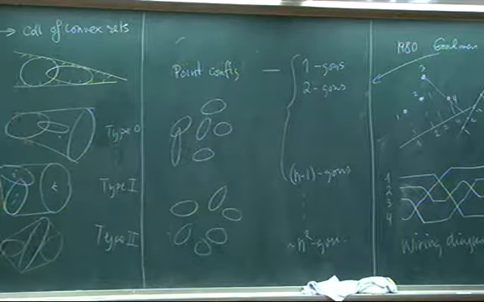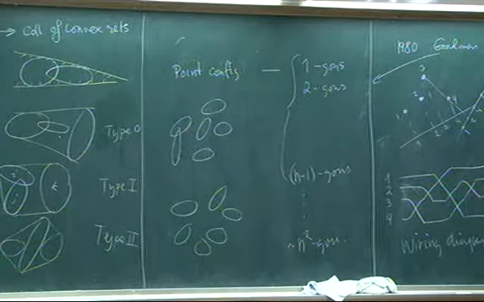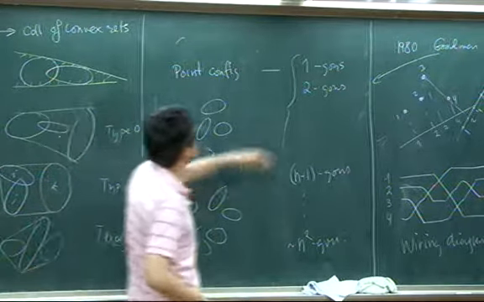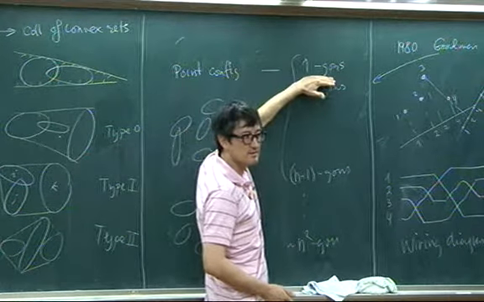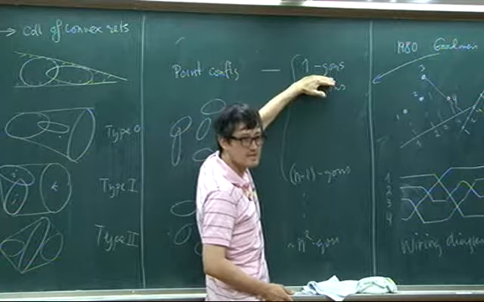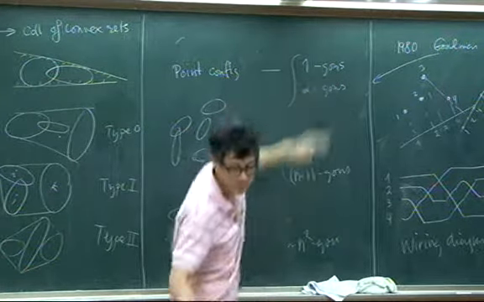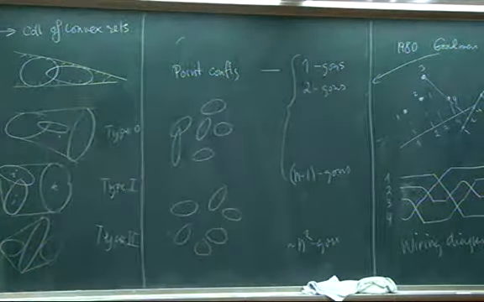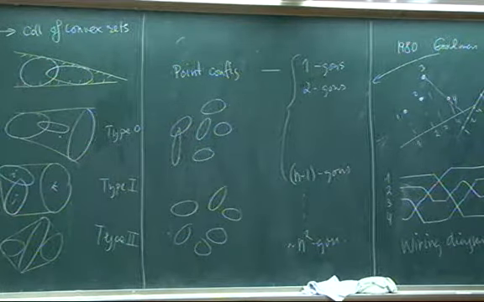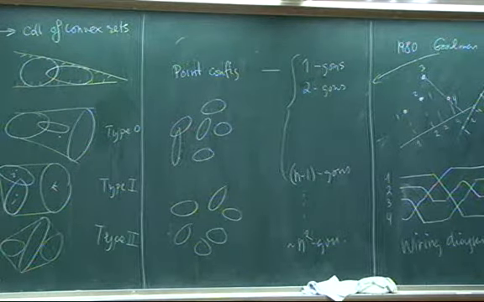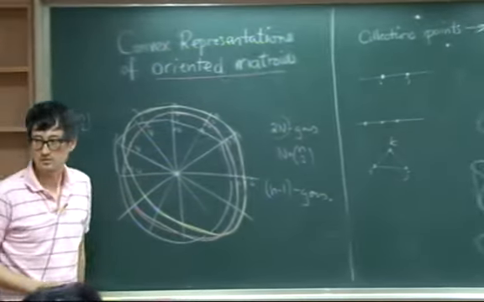Now this also may not seem to matter, so what, right? The thing is, take 2 point configurations, so 1-gon representations of some oriented matroid, and the same oriented matroid represented by another point set.